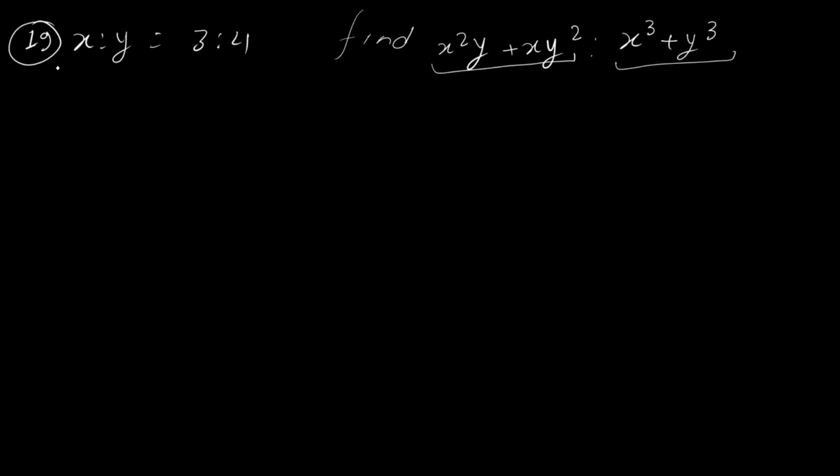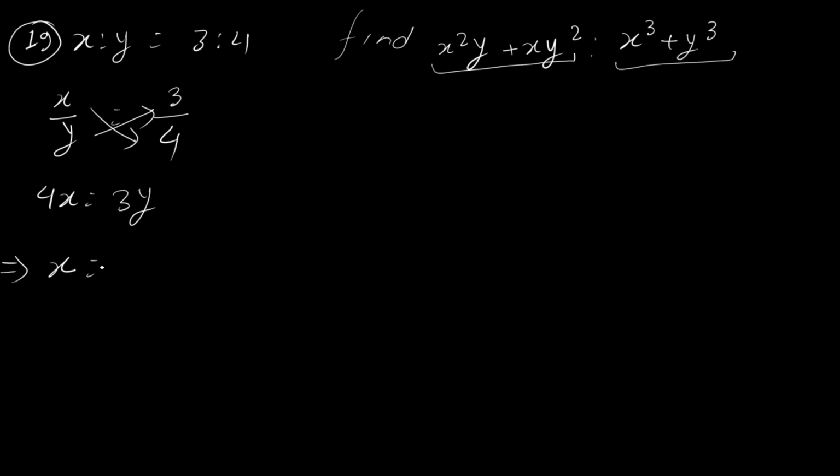Then what we are doing, our favorite step, x by y equal to 3/4. Then cross multiplication, so 4x equal to 3y. Then if I want the value of x, then 4 will go to that side and it will become 3y by 4. Very good.